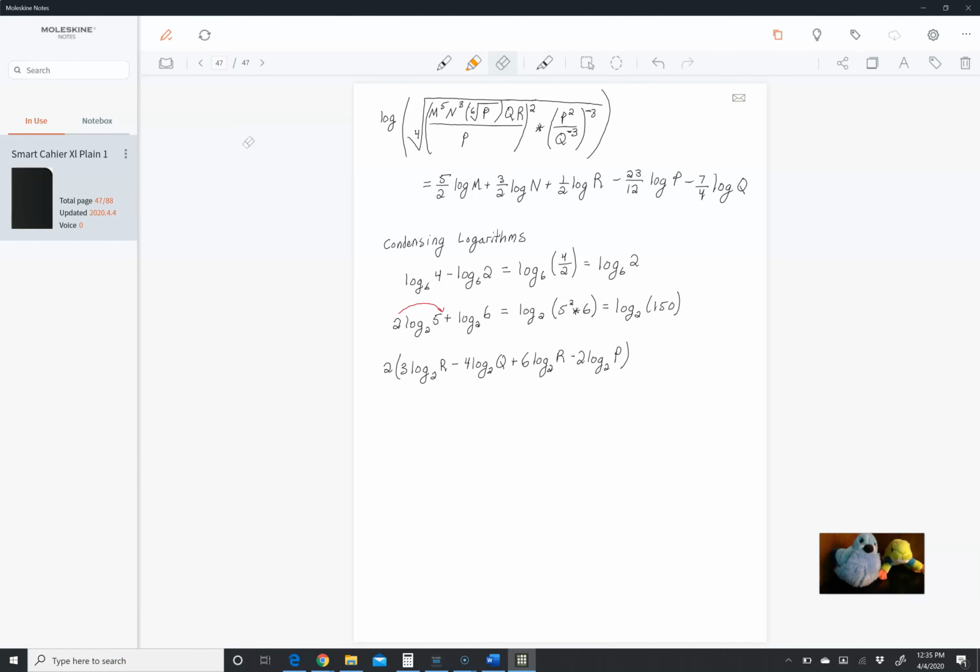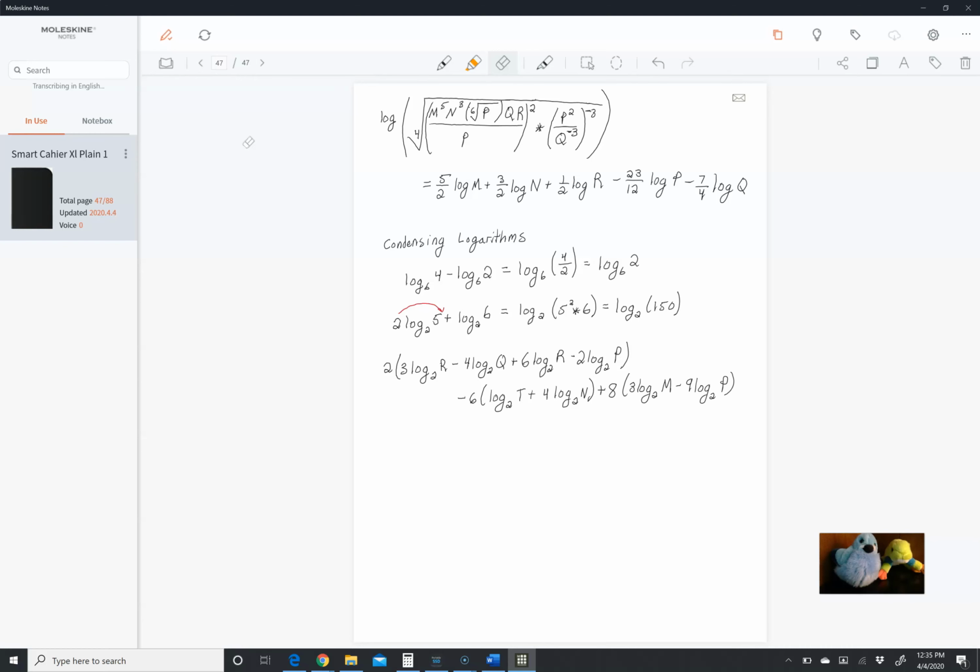I'm going to keep going. Minus 6 log base 2 of t plus 4 log base 2 of n plus 8 times 3 log base 2 of m minus 9 log base 2 of p.